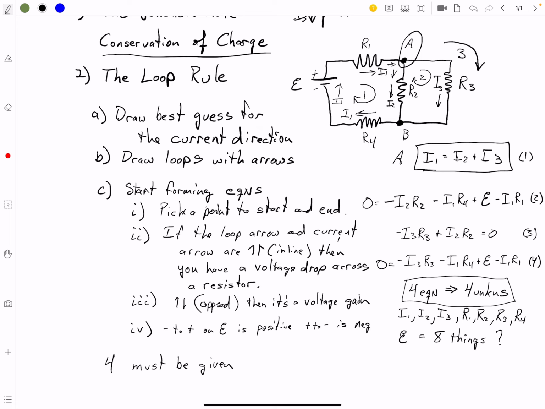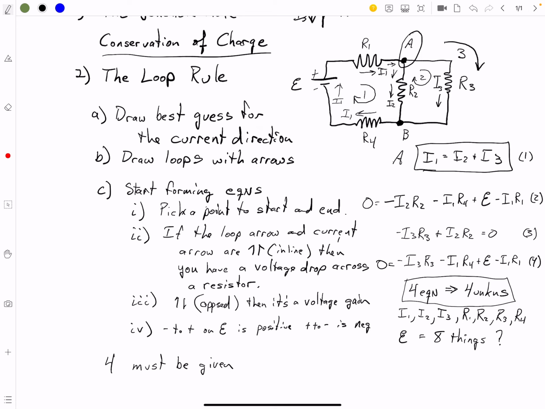So a problem like this, all I have to do is give you 4 of those things, and then I know that you can solve for the rest. Depending on which 4 I give you, it doesn't matter. And some of the combinations will be more difficult than the others, right? Especially if I don't give you currents and the EMF.